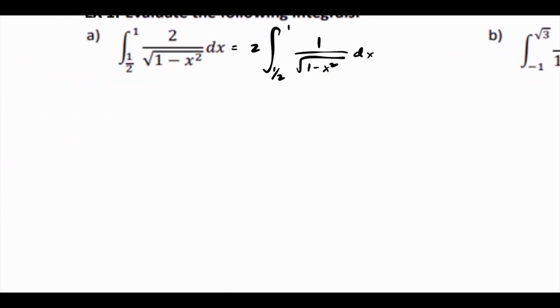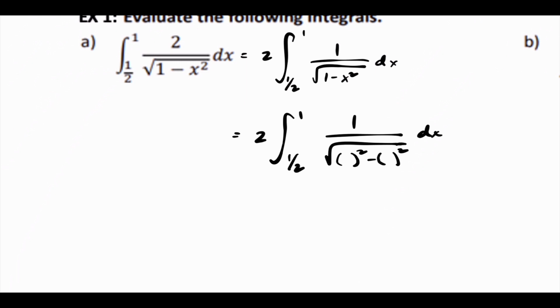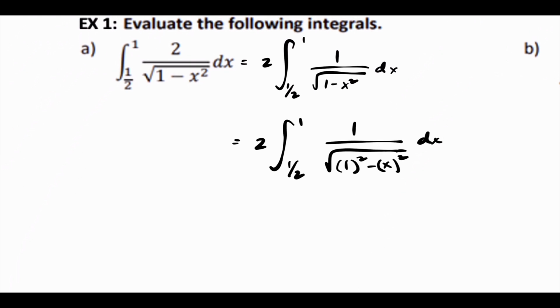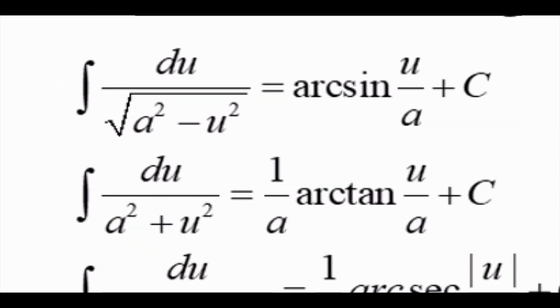Okay. So let's rewrite this. 1 over 2, 1 over the square root of 1 squared minus x squared.